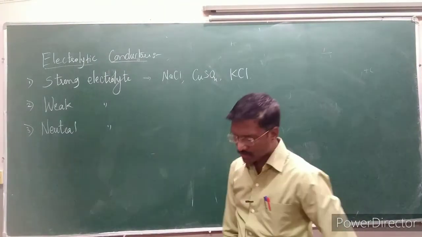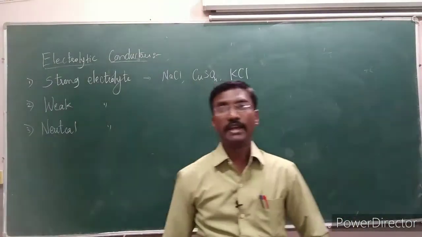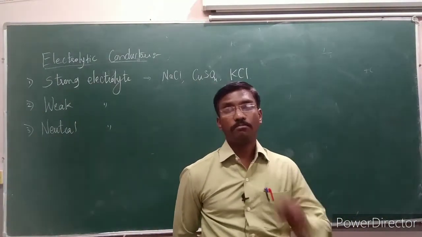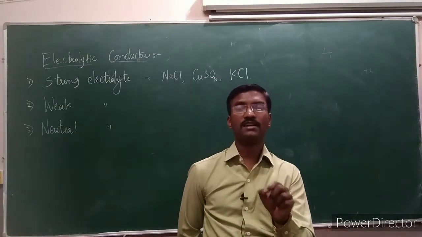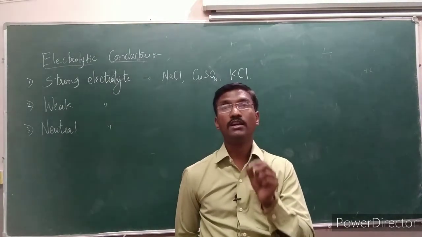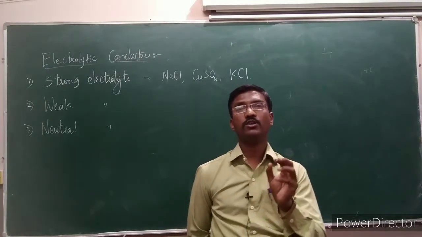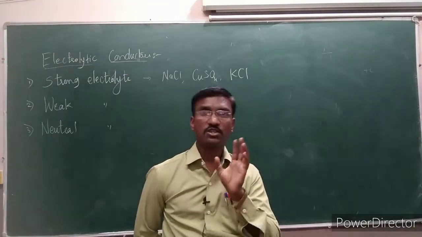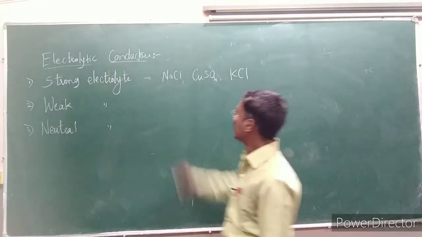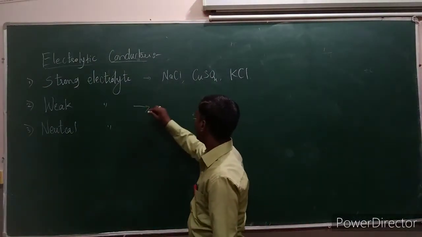Whereas weak electrolytes are those electrolytes which partially ionize the solute. Means whichever salt we are adding, those salts do not completely ionize; only partial ionization takes place. For that reason, such electrolytes are called weak electrolytes.